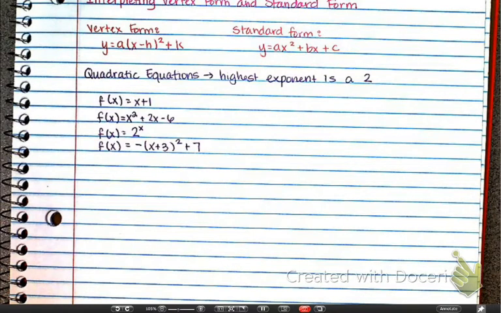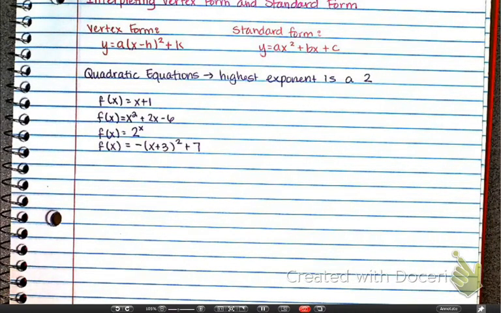So based off of what we just said a quadratic equation is, are each of those quadratics? All right, it should be pretty straightforward.